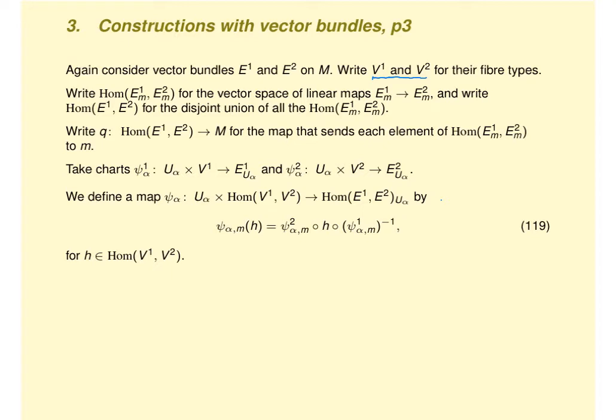So Hom, I write Hom of E1M, E2M for the vector space of all the linear maps from E1M to E2M, standard concept. And I write Hom E1, E2 for the disjoint union of all those individual spaces, depending on M. And I write Q for the map that sends an element of Hom at M to the point M.